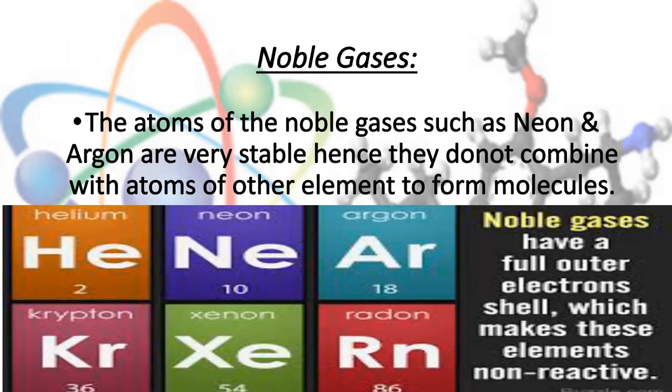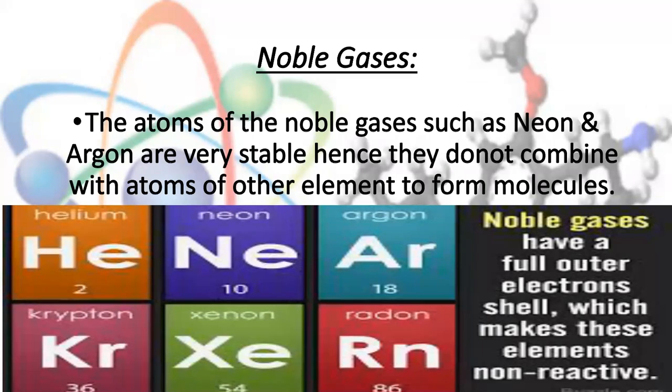Noble gases are some gases that have a full outer electron shell, which makes these elements non-reactive, that they do not require any other electron for their reactions because their outermost shell is filled.